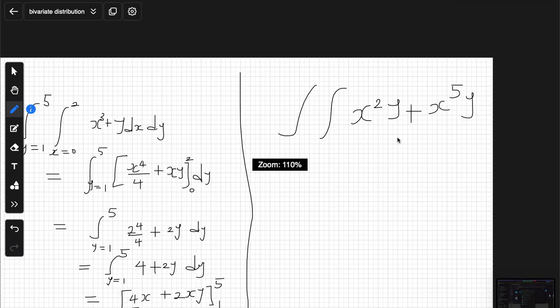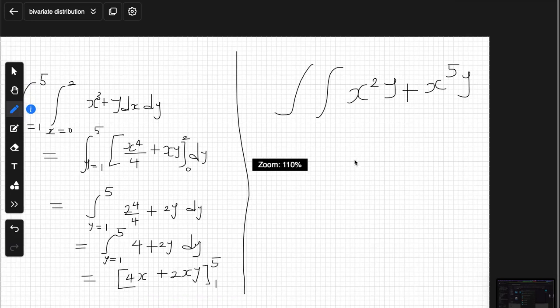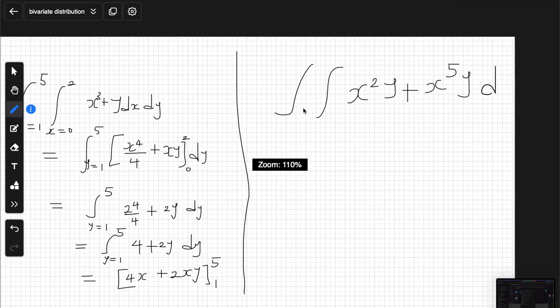You need to be good with your integral skills in order to combat any kind of integral you may meet. It may be that the function has an exponential, and then you may need to use integration by parts. So here, assuming x comes first and y comes last, you have dy and then dx.